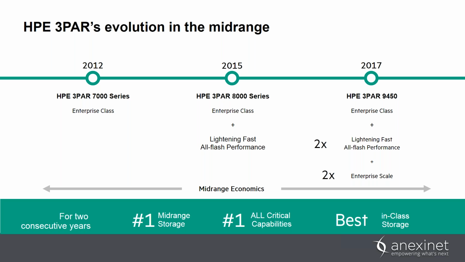So really just a natural progression and growth in terms of that mid-market and enterprise leadership, capturing enterprise class storage, all-flash arrays, and providing enterprise scale through that mid-range and higher-end portfolio. You can see here also, for 2 consecutive years, HPE and 3-PAR has been #1 mid-range storage, #1 for critical capabilities, and the best-in-class storage.